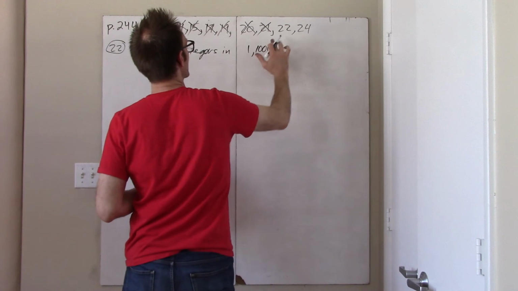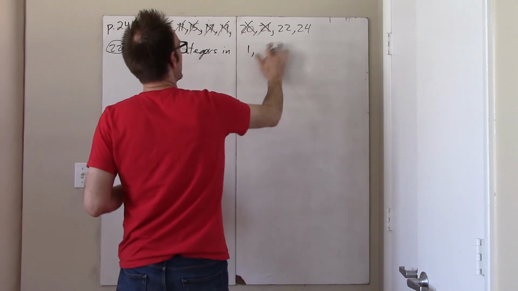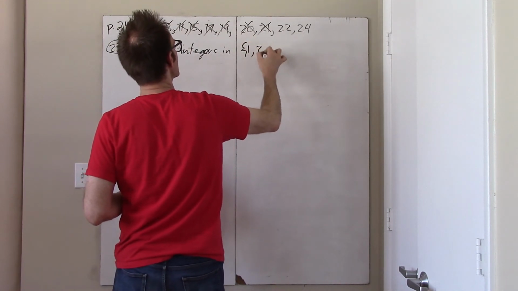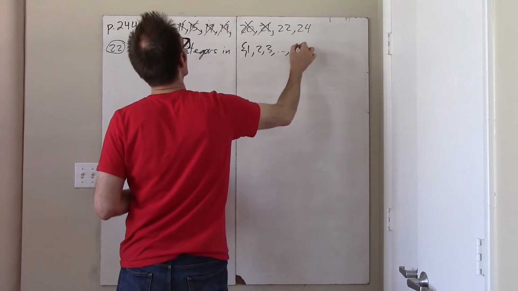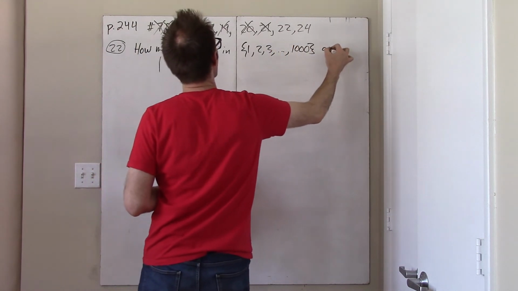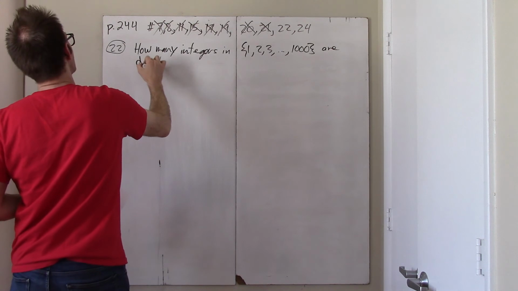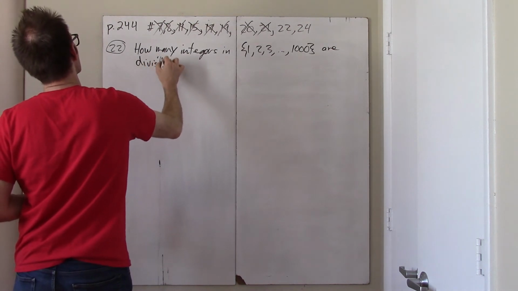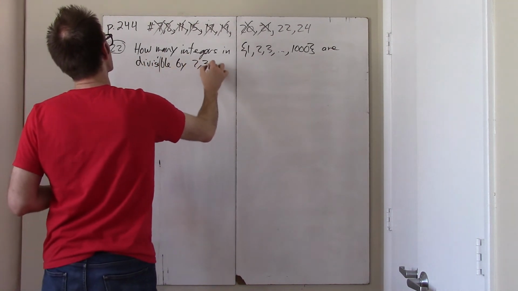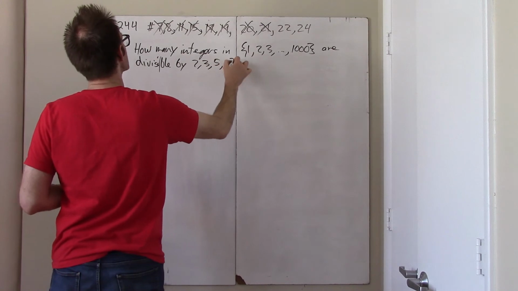I will rewrite his notation to the way he normally does it. Are divisible by 2, 3, 5, or 7?